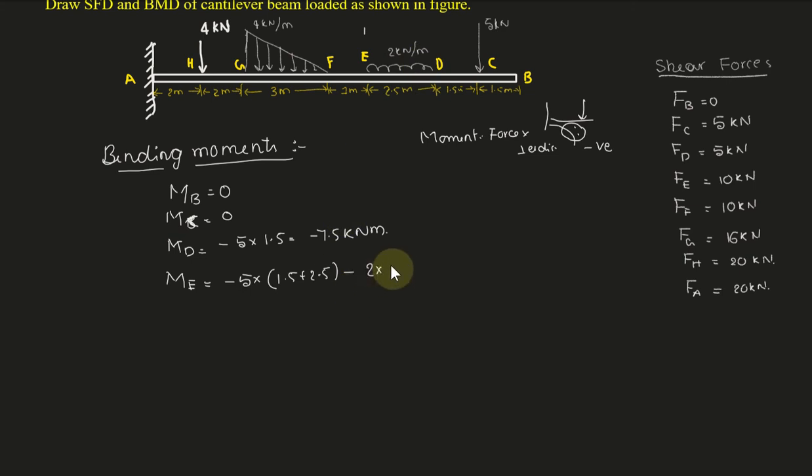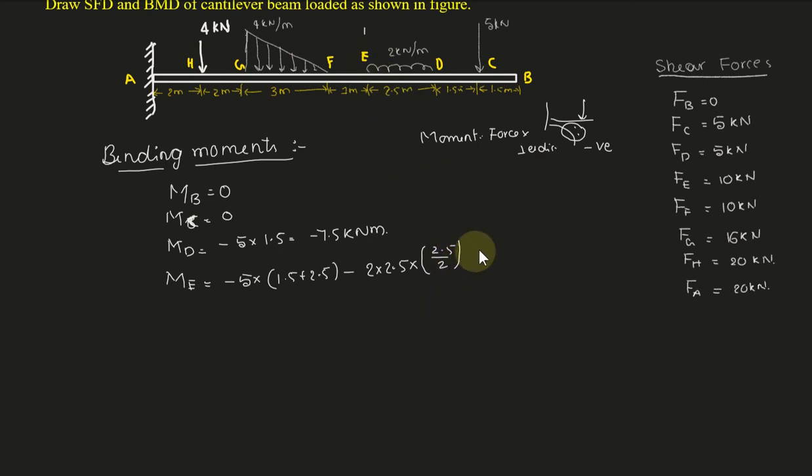The force is 2 into 2.5, and if you convert it into a point load, it acts exactly at the center, as we have discussed earlier, so 2.5 by 2 up to E is the distance.